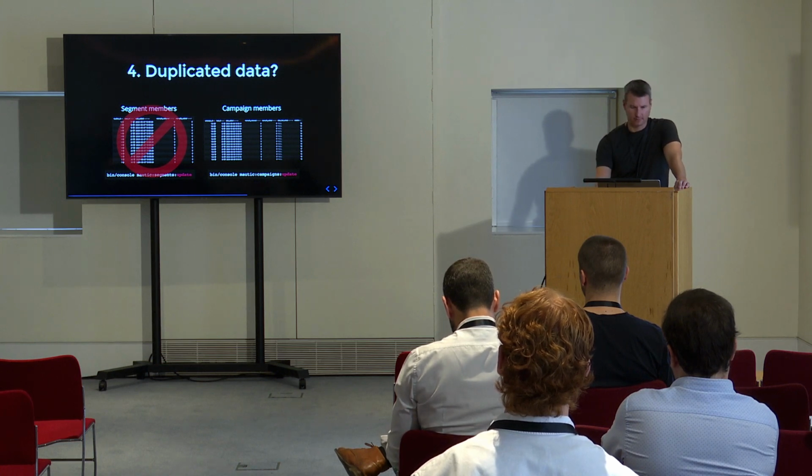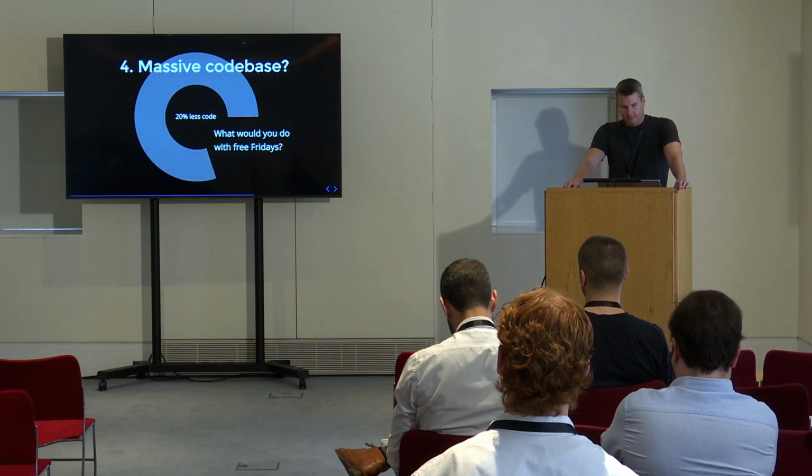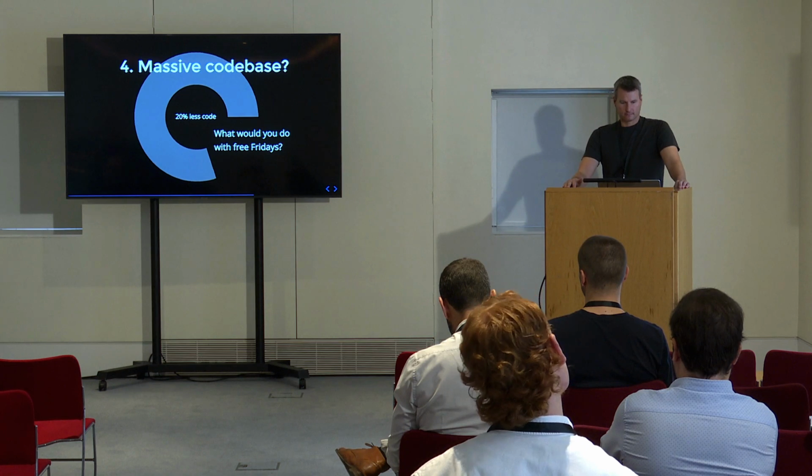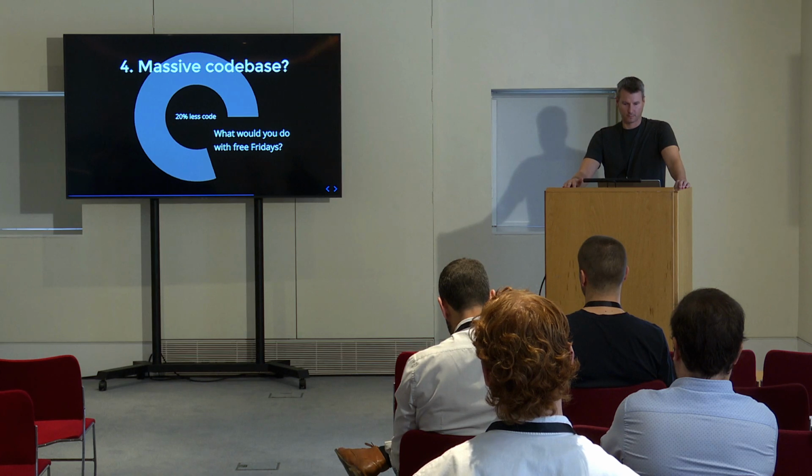It's not a big table, it's just numbers and dates, but still. And massive code base, if we can save 20% of the code, it's like when you work only 4 days a week and have 1 day extra for whatever you want to do, or maybe improve the product, or improve the parts that you want to improve.